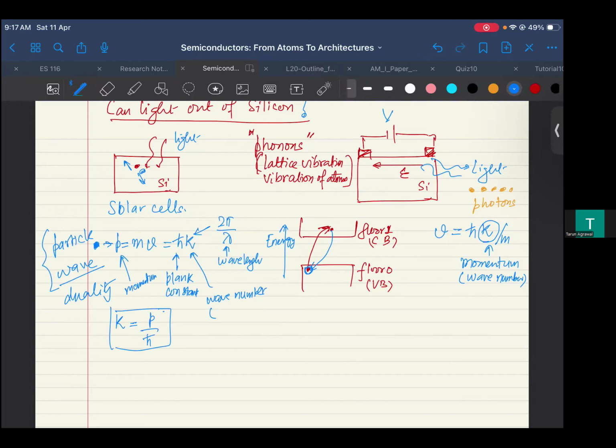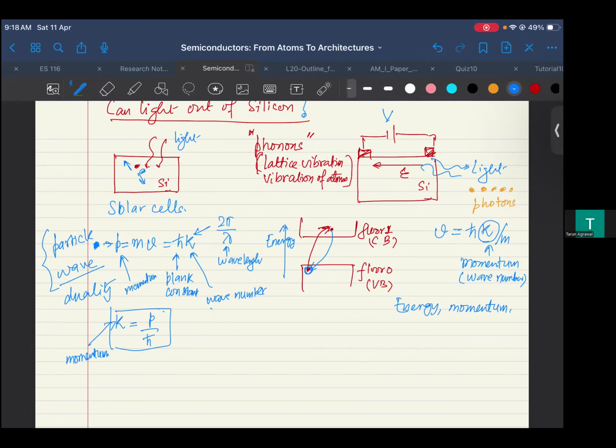Since h cross is a constant, k can also be treated as the momentum of the particle, though it has to be multiplied by h cross to become momentum. So this is the momentum of the electron. That means it has energy and it also has a momentum, right?